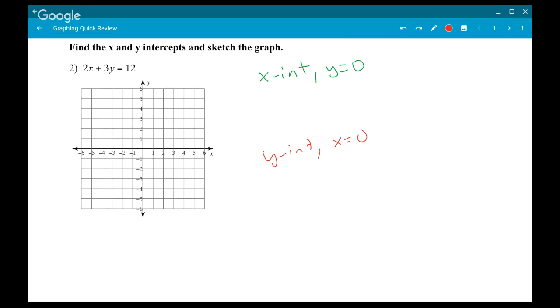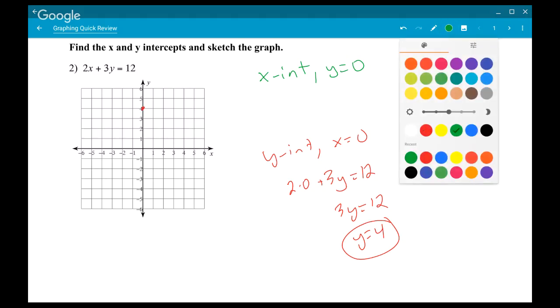For this particular one, I'll do my y-intercept first, I guess. I would do 2 times 0 plus 3y equals 12. 3y equals 12. y is 4. So y equals 4 is my y-intercept. I'll do the other one in green.